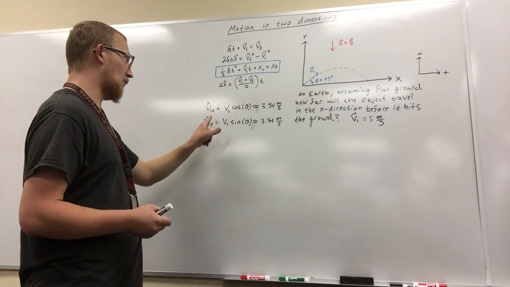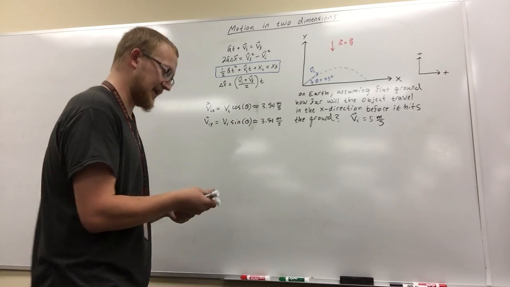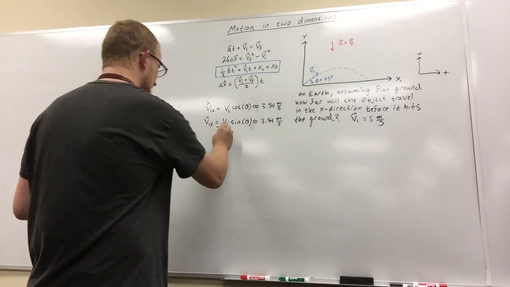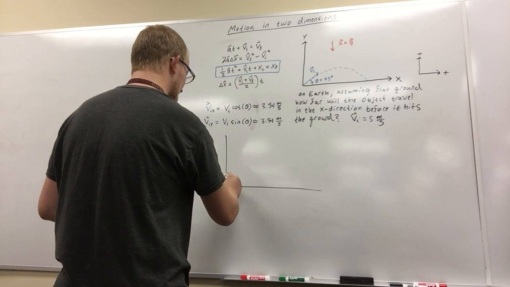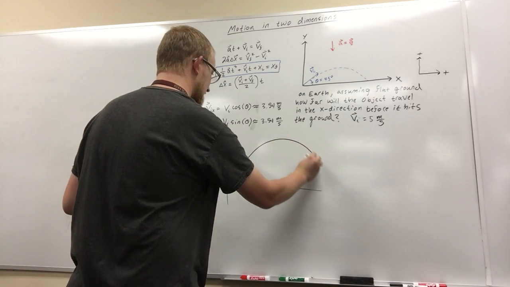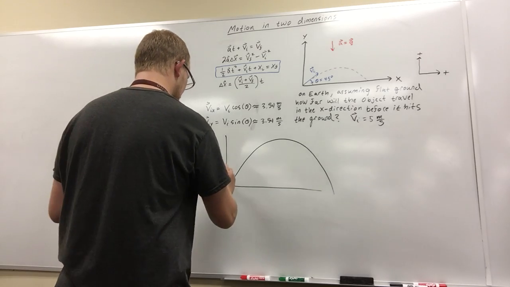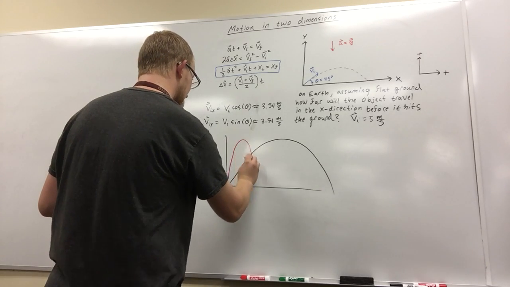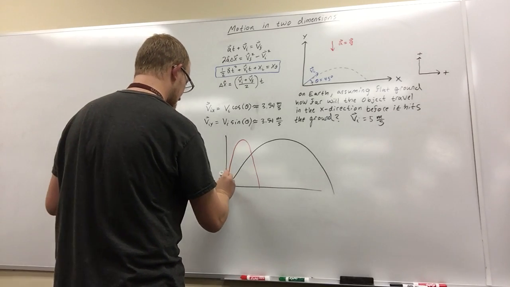As long as the y component of the initial velocity is the same, it will take the same amount of time to hit the ground. An example would be if I toss something like this, or if I toss something like this, or even if I just threw it straight up and down.